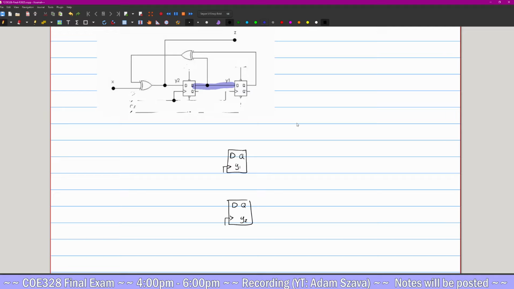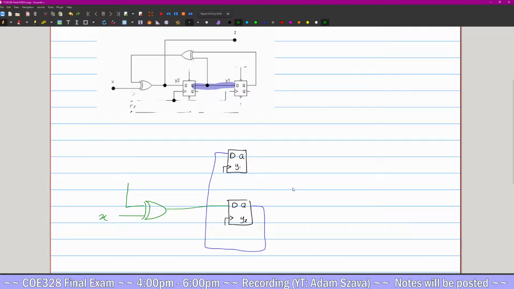So the output of Y2 connects to the input of Y1, like that. And that's that wire. Then the clock's on the bottom, which doesn't really matter. The input of Y2 comes directly from the OR gate here. So we have an OR gate like this, and on the OR gate we have X, and the other wire is from something.